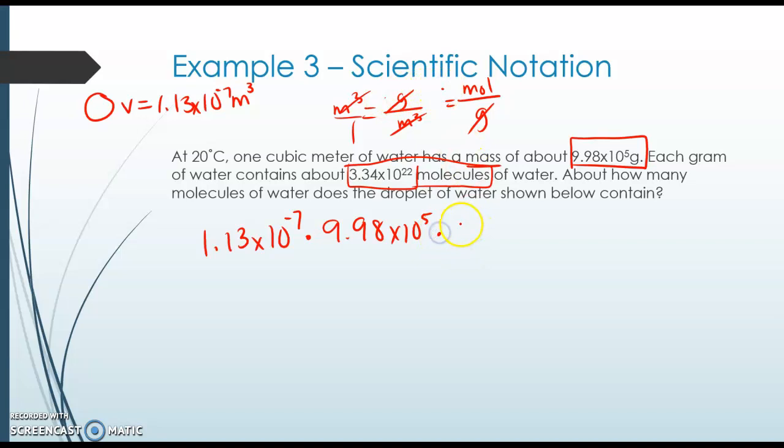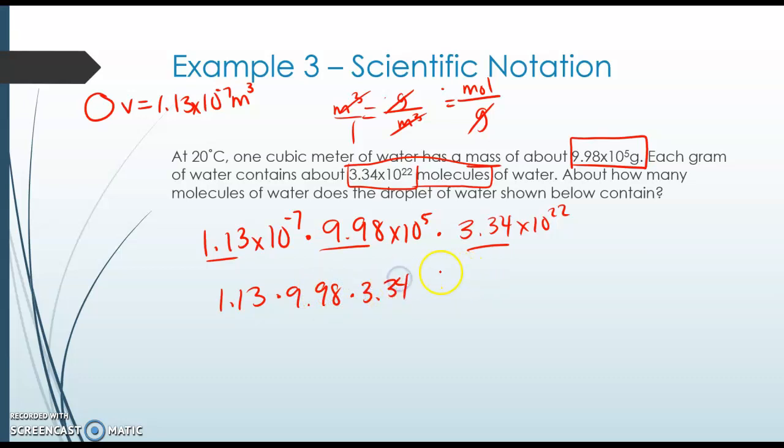So I'm now going to multiply my 3.34 times 10 to the 22nd. So just like with our last problem, we're going to multiply the numbers together. So we're going to take 1.13 times 9.98 times 3.34, then we're going to do times 10 to the, and then they're multiplying, so we're going to add the exponents, negative 7 plus 5 plus 22.